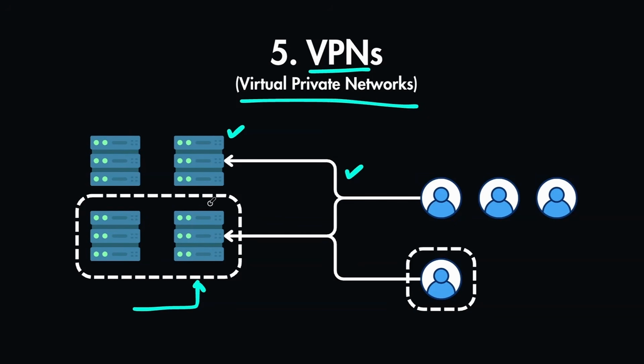But these, for example, can be within the VPN network, which means if a user from the web tries to reach your API, then this request will be blocked because the user is not within the same network. But on the other hand, if you have another user here, who is within the VPN network, they can make a request to these APIs, and in this case, they will bypass the checks and their request will reach your APIs. This is useful where you have internal tools. Let's say you have an internal admin dashboard, and the API for this admin panel will only be reachable by employees connected to the company VPN.